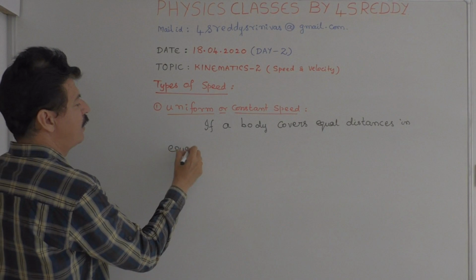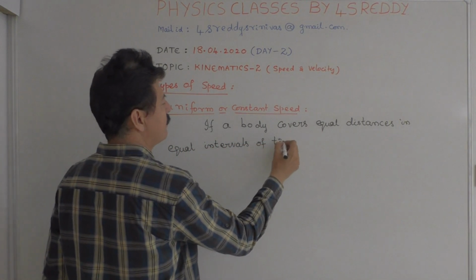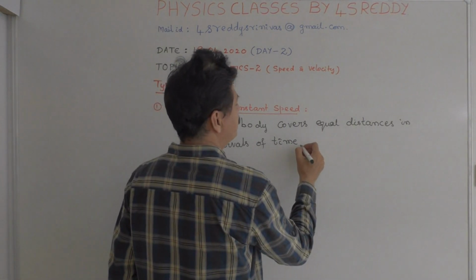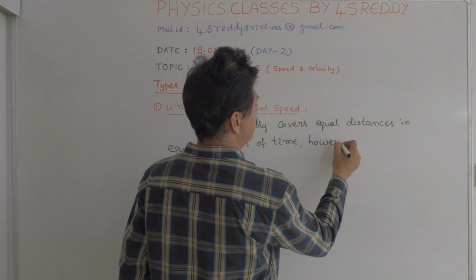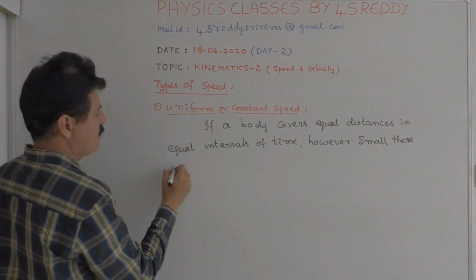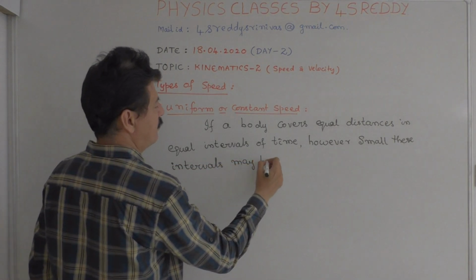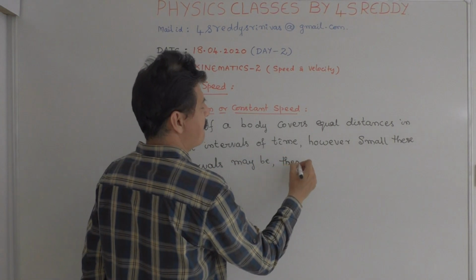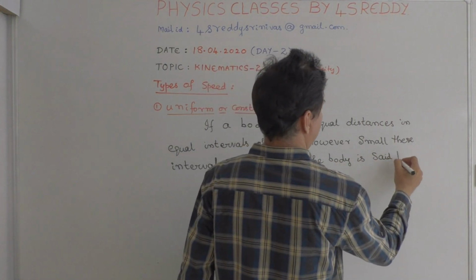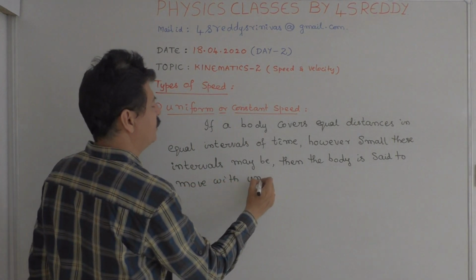If a body covers equal distances in equal intervals of time, however small these intervals may be, then the body is said to move with uniform speed.